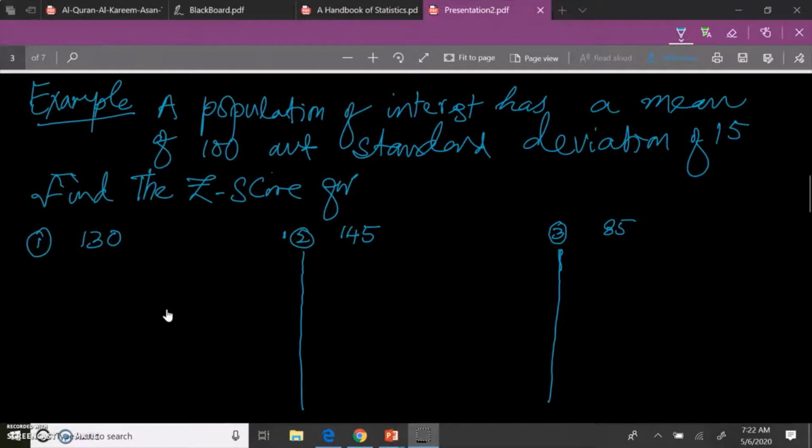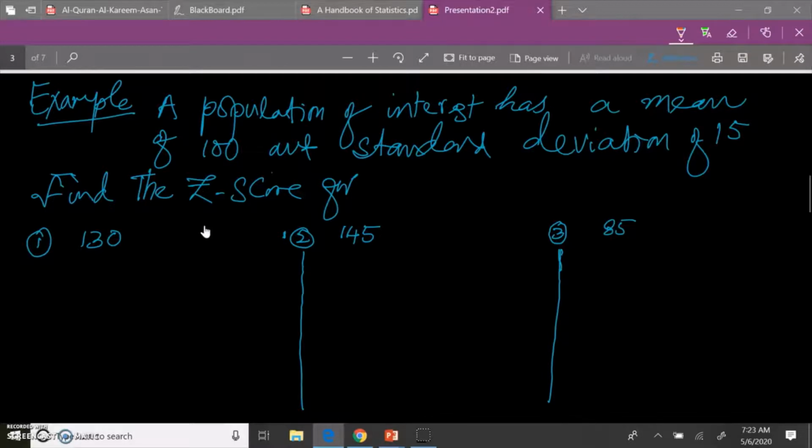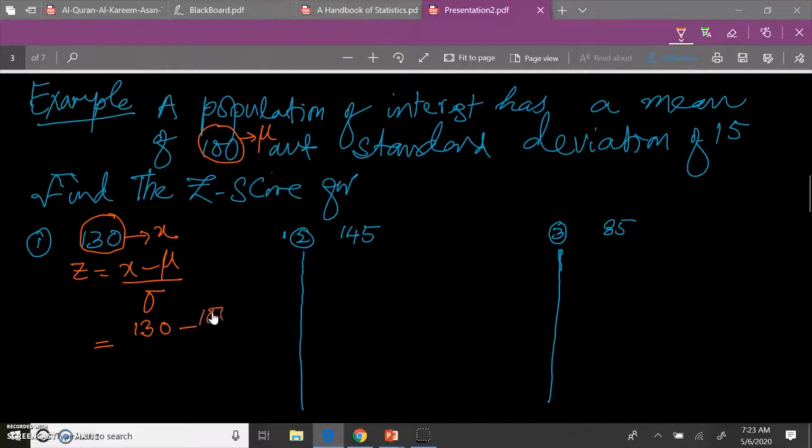I will show you the hand computation, though there is also an Excel command available. We use the formula z = (x - μ)/σ. Here x is 130, μ is the population mean, 100, and σ is the standard deviation, 15.